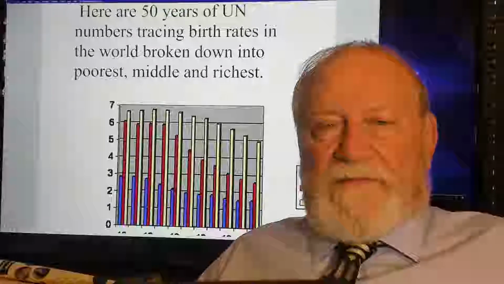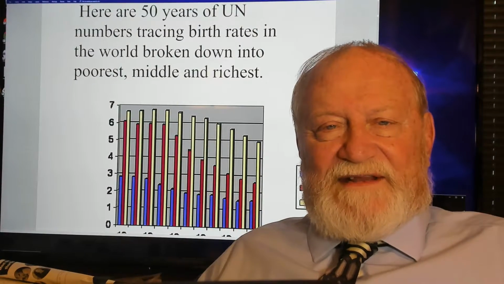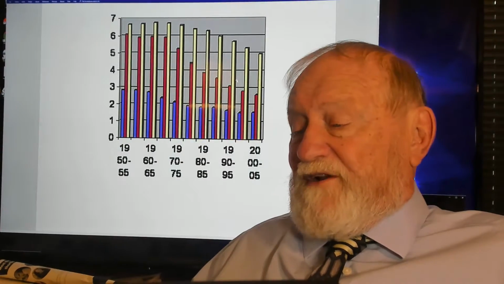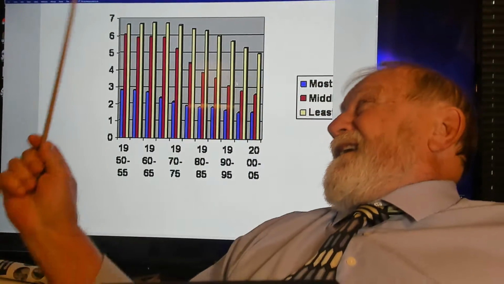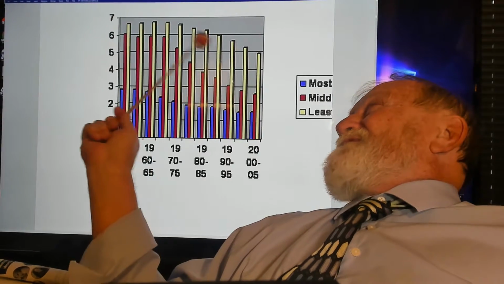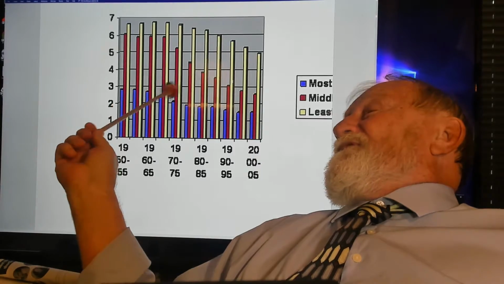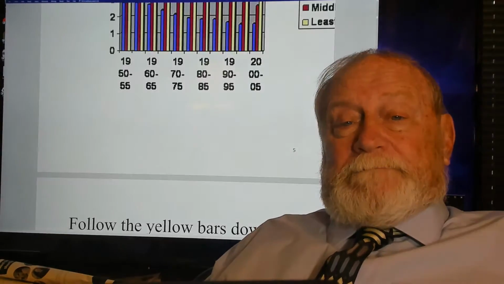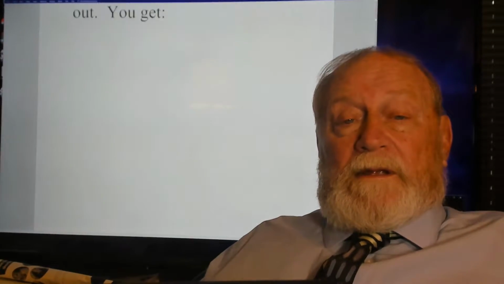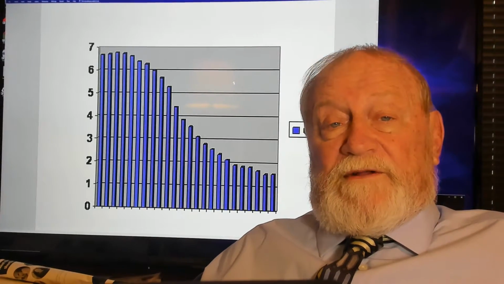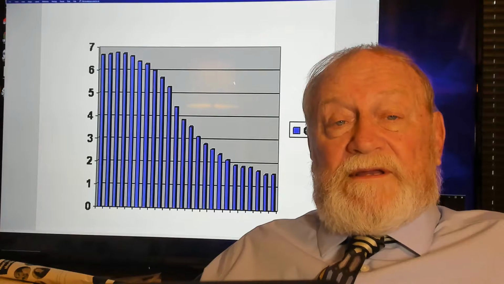Looked it up, copied down the numbers, and had the computer graph them. You follow this yellow line down to where it overlaps the red line, jump over to the red, follow it down till it overlaps blue, follow it down, you get all the same curve.